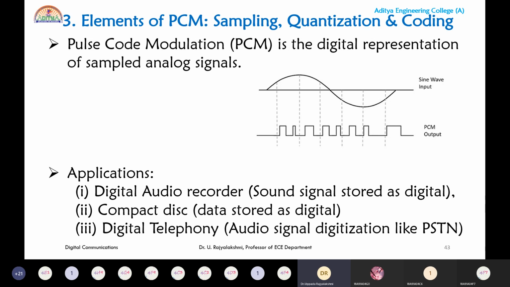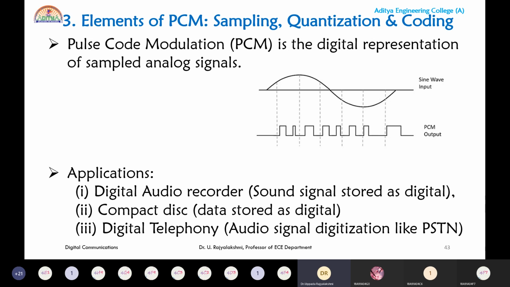So what is PCM? You should recollect that the analog signal is converted into digital, which means A to D conversion is going on there. How can you convert an analog signal into digital? We studied it in the earlier classes.